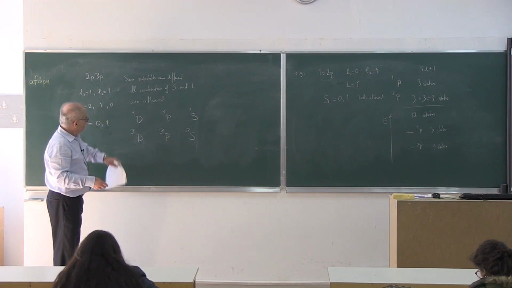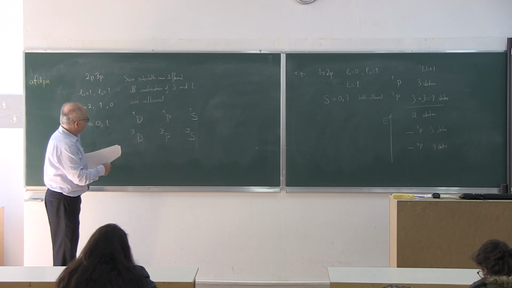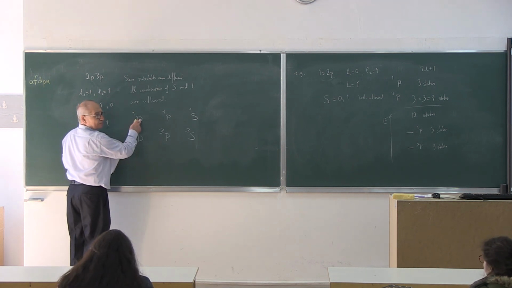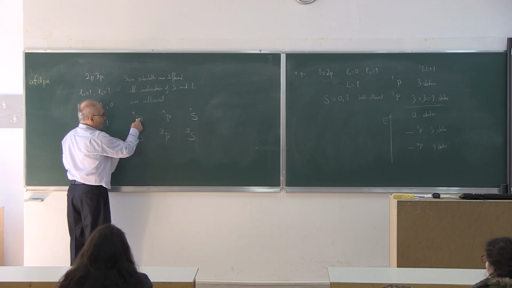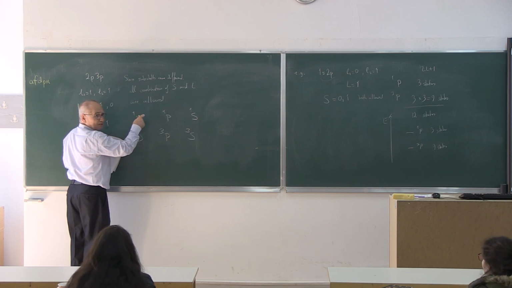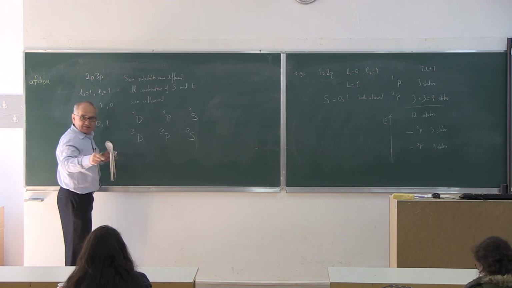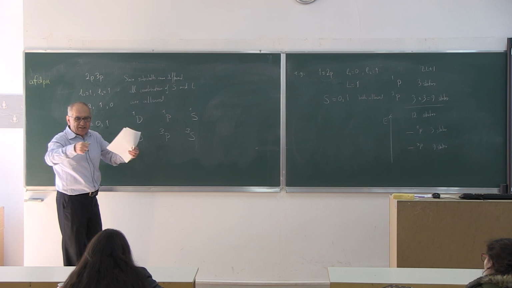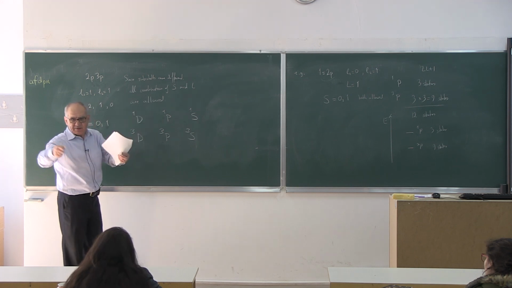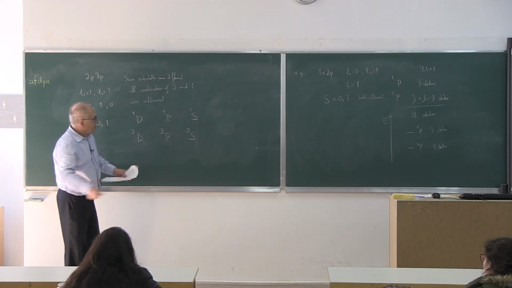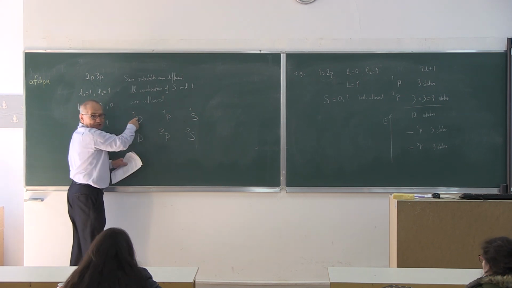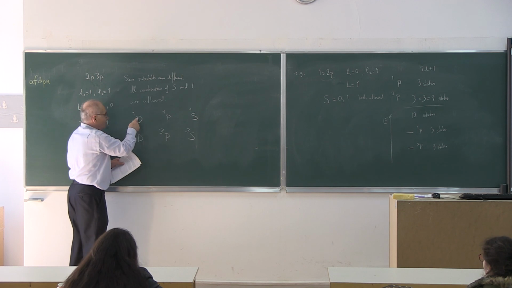Let us count how many states there are. What's the degeneracy of this term? L is 2 here. 2 times L plus 1 is the space degeneracy. 2S plus 1 is the spin degeneracy. The total degeneracy is spin degeneracy times space degeneracy. There is no spin degeneracy. It is 1 here. So you just look at space degeneracy. D means L is equal to 2.